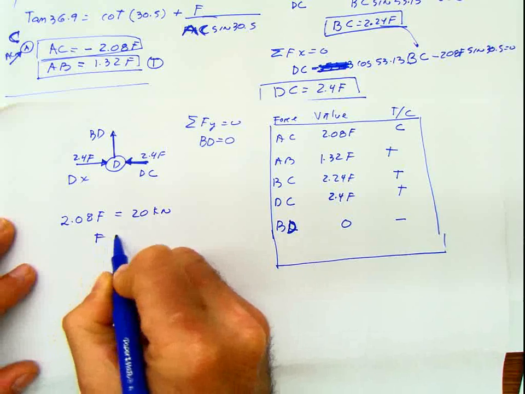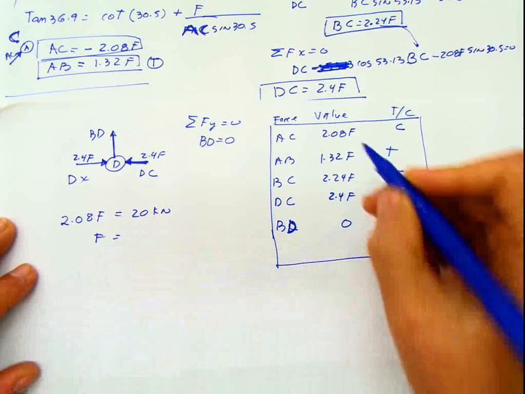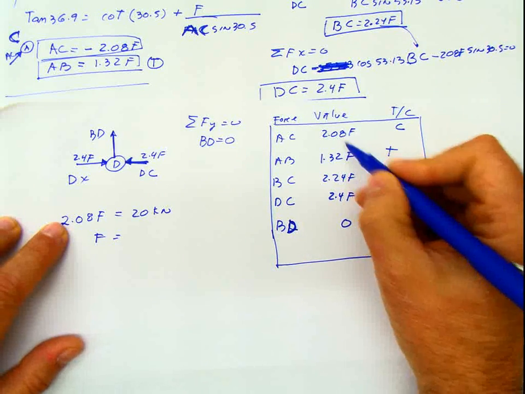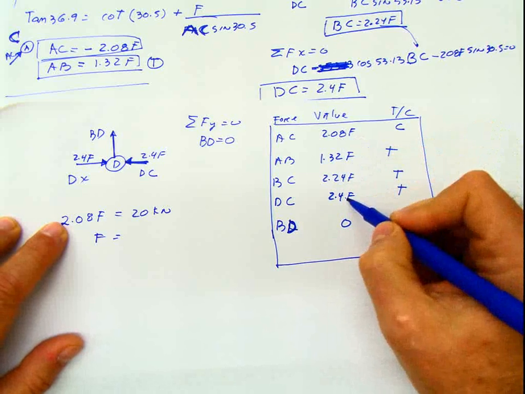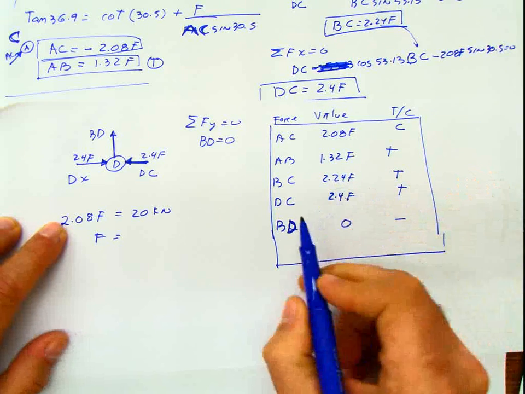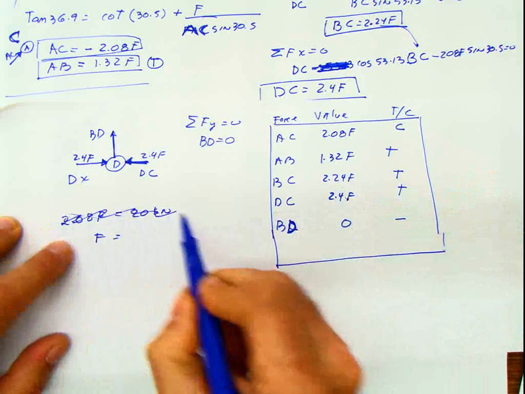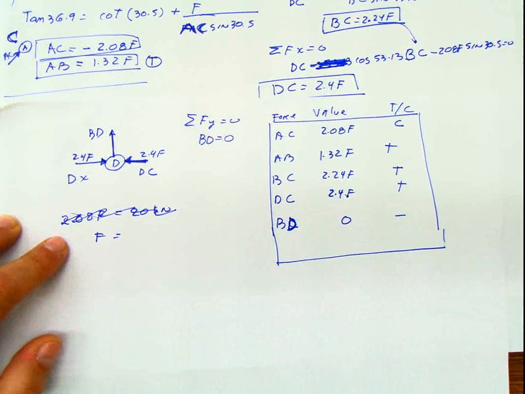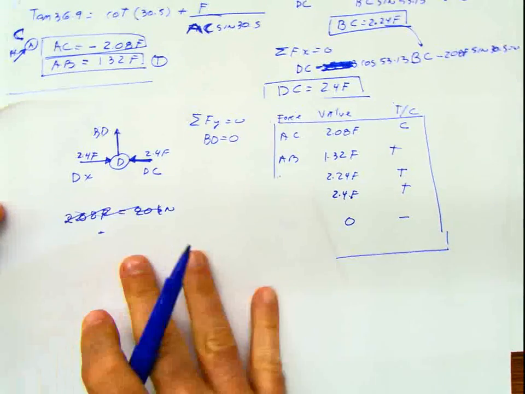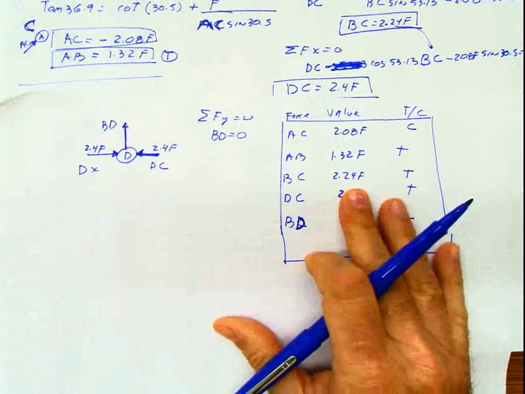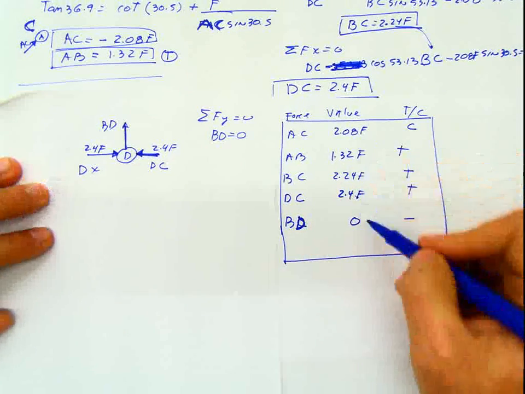And my F is going to be equal, I mean, not this one, because this one is not the biggest. The biggest one is this one. So I have to take the biggest of the forces, which is this one.